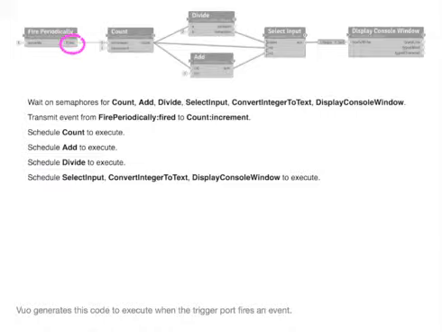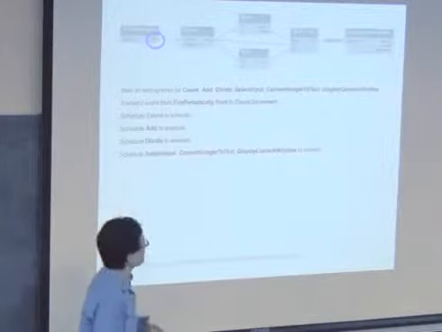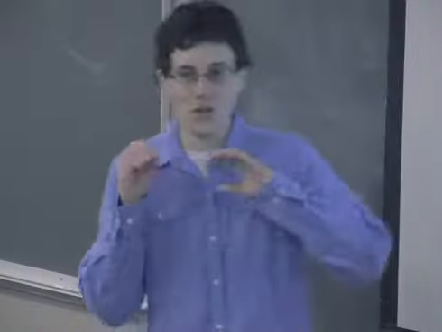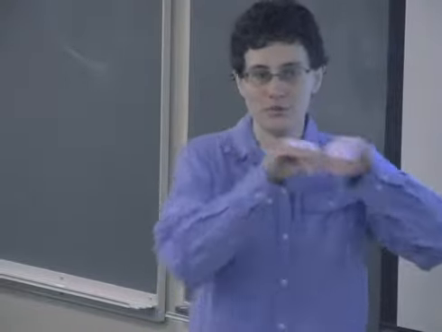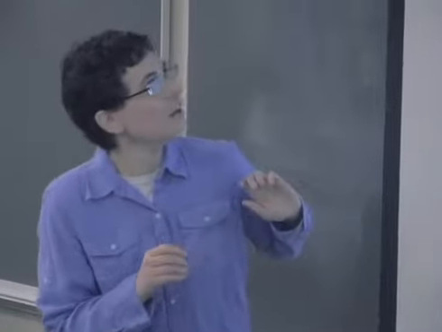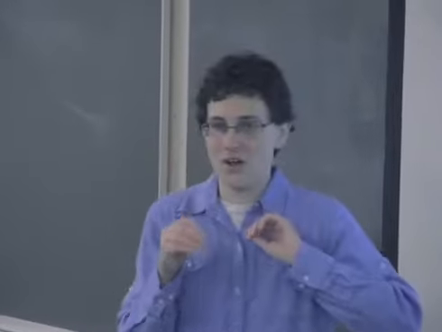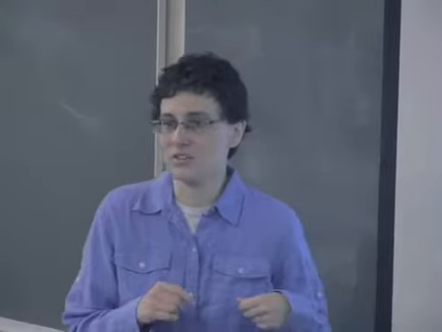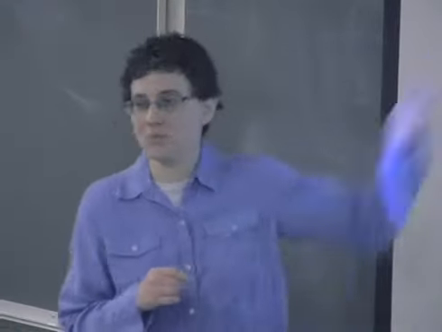We have an event handler that executes whenever the trigger port fires an event. So we have one of these for each trigger port. And what that event handler is going to do is schedule each of the nodes that are downstream of it to execute. But before it causes them to execute, the first thing it needs to do is claim some semaphores.